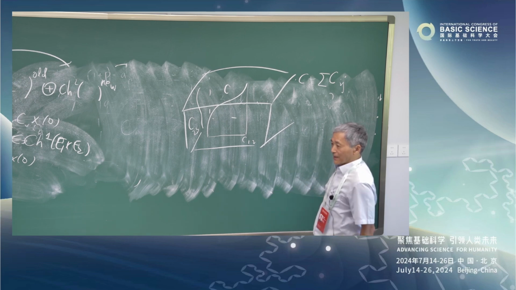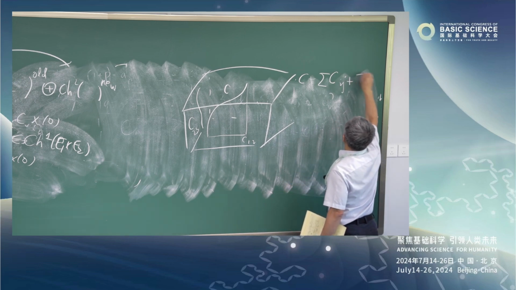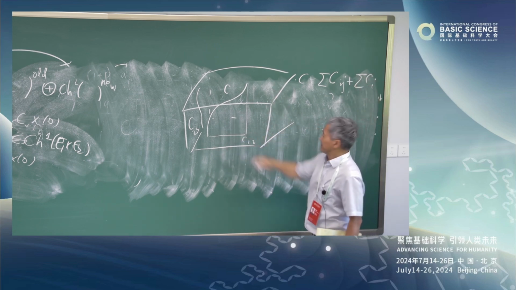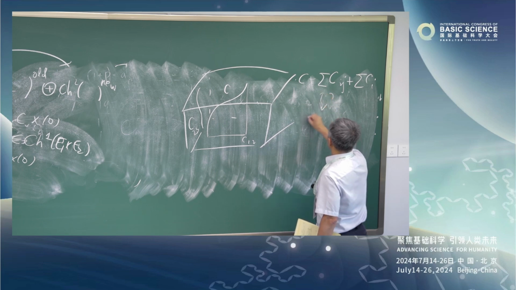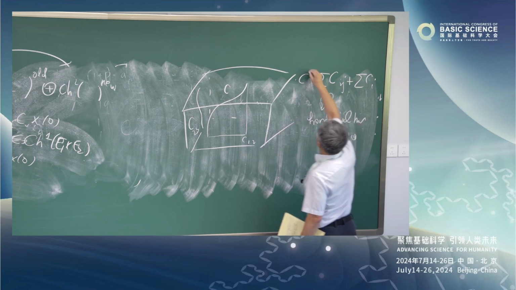You take the partial projection, then you plot sigma Ci, where Ci means that you project to the axis. In this way, it automatically gives you a homologically trivial cycle.